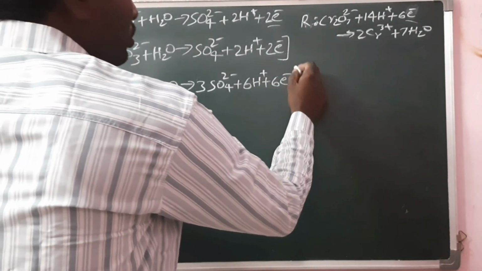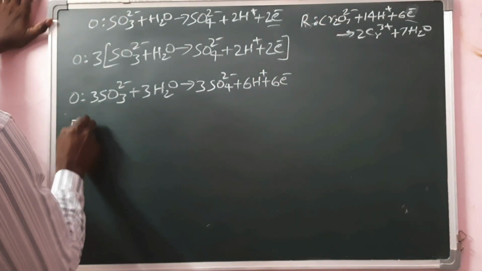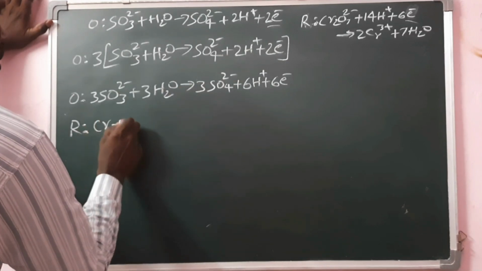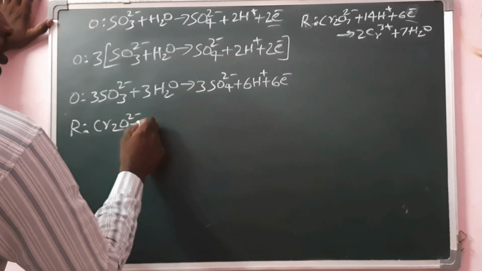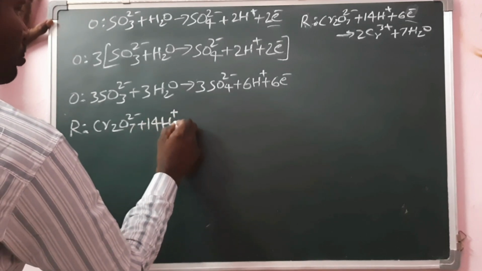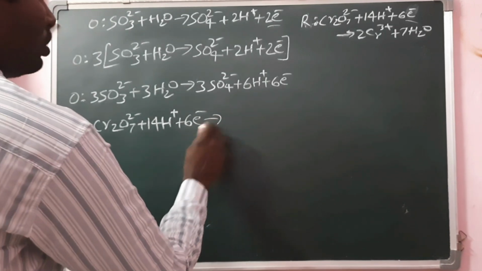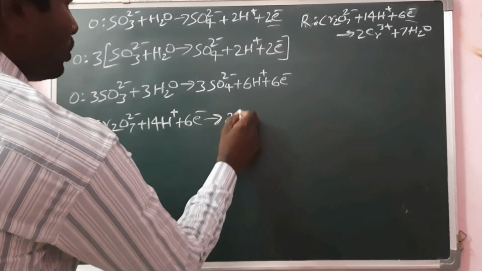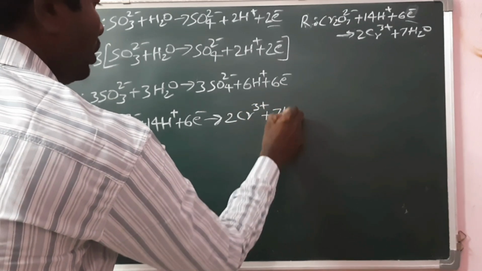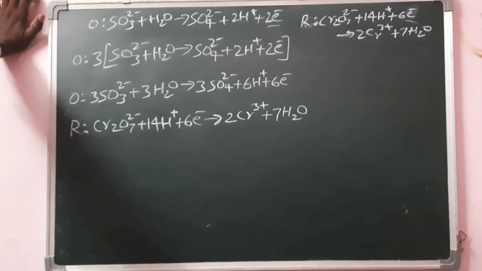So here Cr2O7 2 minus plus 14 H plus plus 6 electrons gives us 2 Cr3 plus plus 7 H2O.